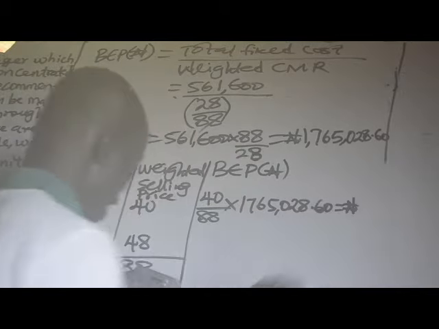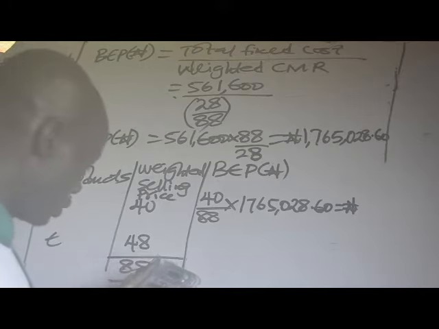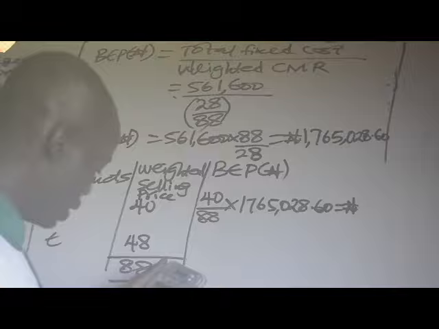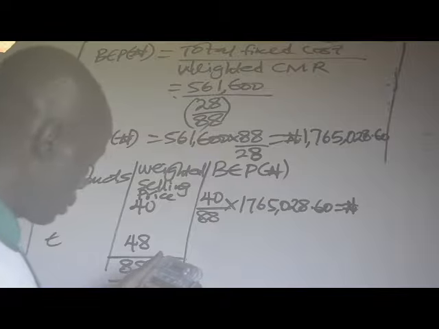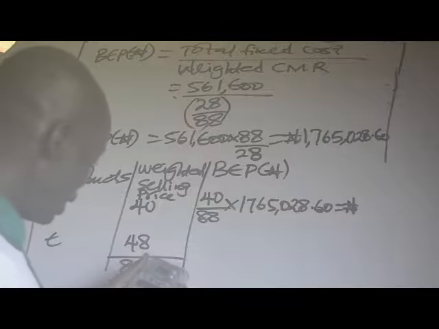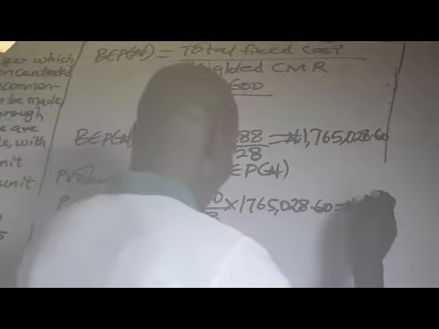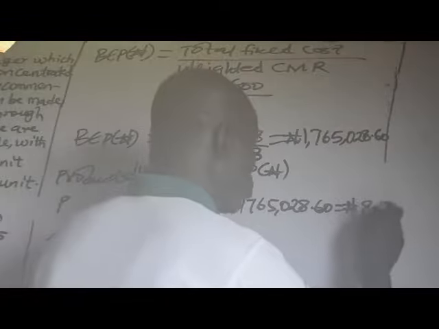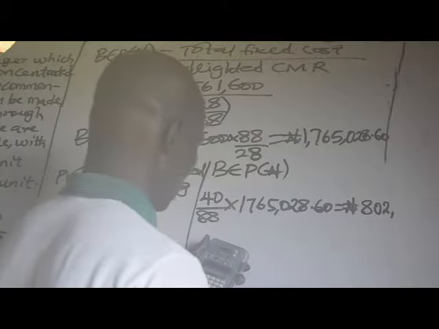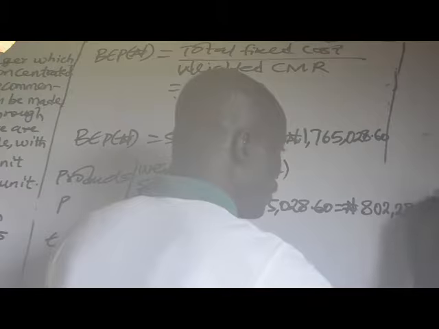So the BP in Naira for product P is 802,285.70.